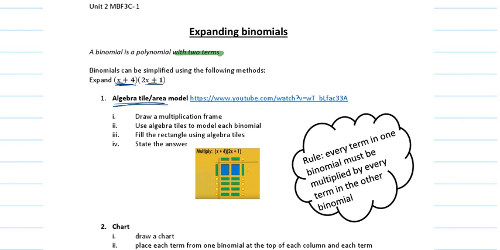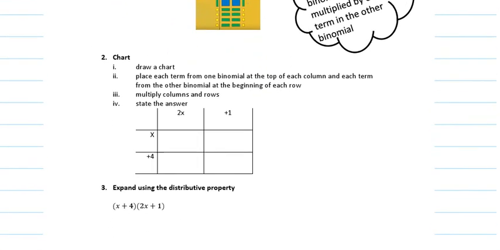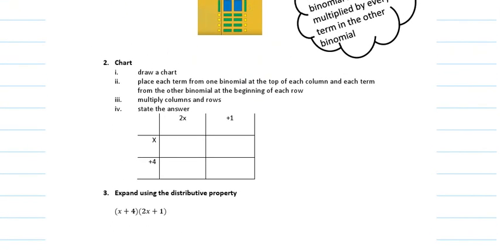Now, the second method is called a chart. It's similar to the algebra tiles, but we're using numbers, okay? So when you do that, you draw a chart, as you can see here, with 3 by 3, and then you split your binomials.